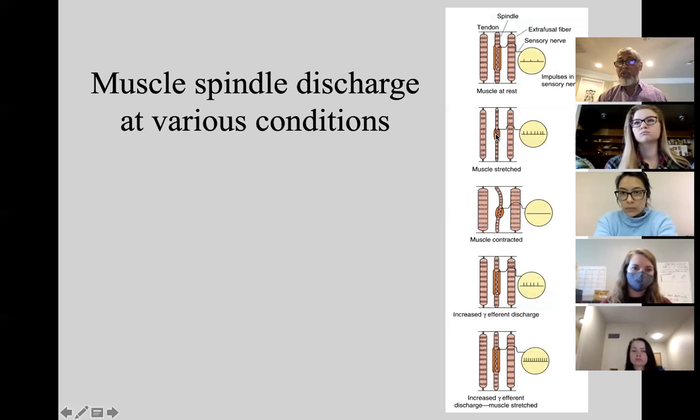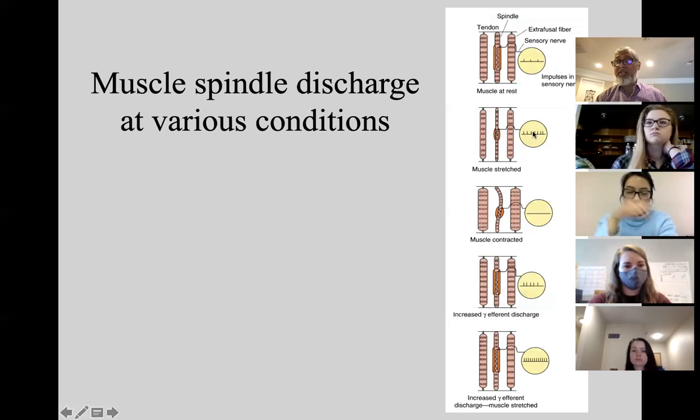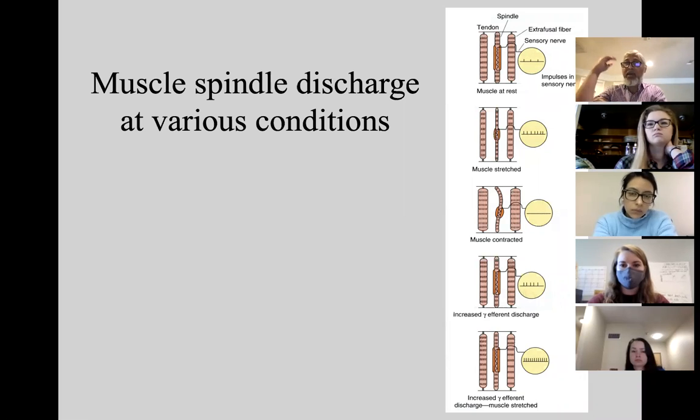So when they are stretched, you see they are sending more signals, in response to stretch, right? What will be the result when they send more signals? The muscle will produce contraction. And when a muscle contracts, what happens? The muscle's length becomes shorter, right? Any muscle. If I contract this one, the muscle becomes shorter, right?